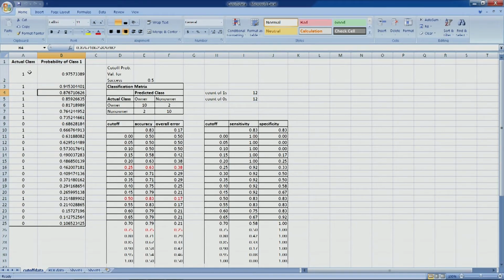If we keep going in this fashion, we reach observation number 8. There, even though the probability value is 0.686, which is more than 0.5, the actual class is 0. As per the probability value it would be classified as 1, but the actual class is 0, so this is an incorrect classification.